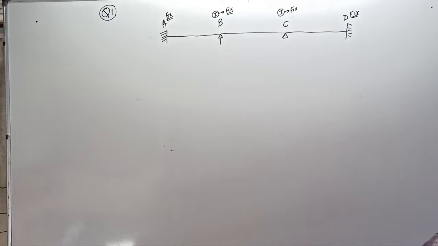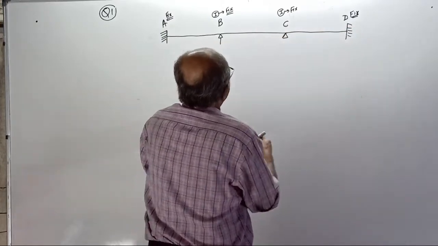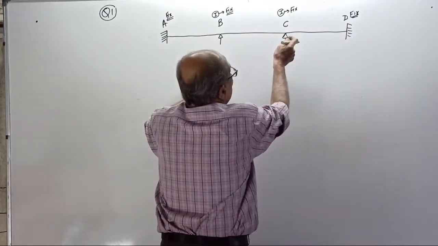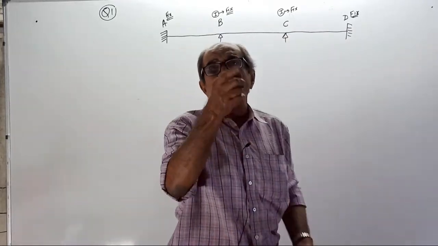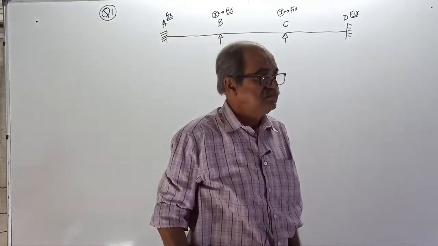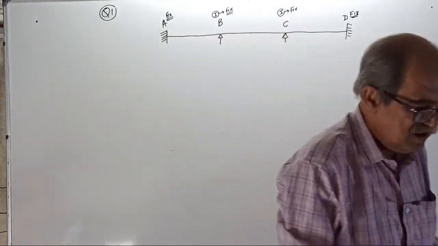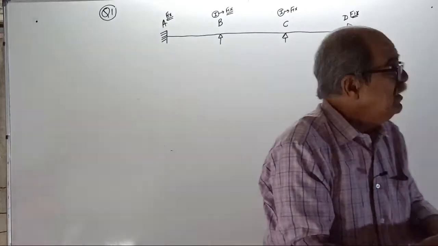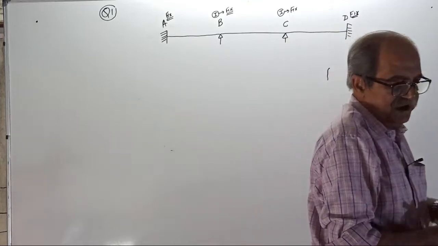In this question, red color is for simple support. But see, this is not a simple support. This will look like a simple support, but it is an intermediate support. The simple support is at the end; you should see that as the end support. In this problem, your crude method or red color will not come.